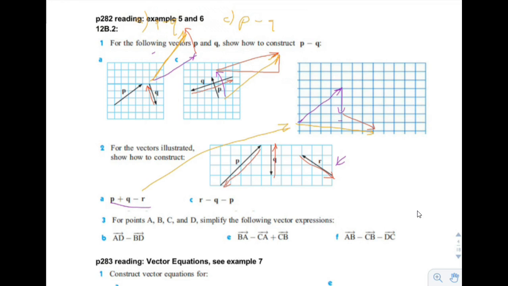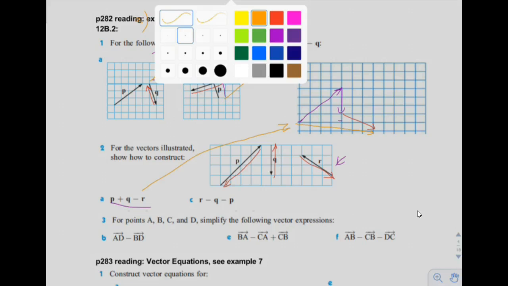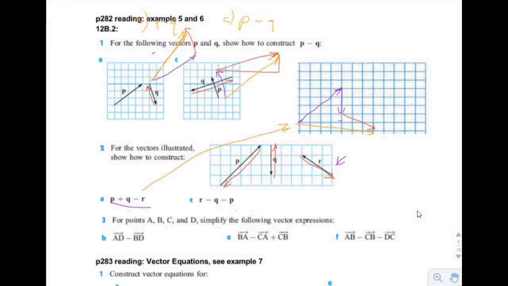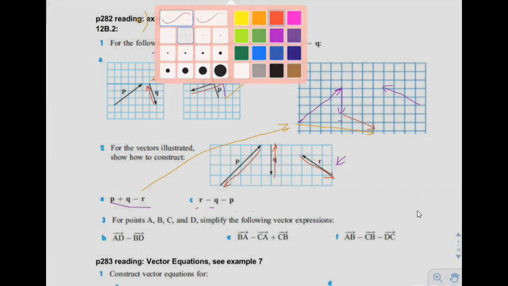Okay, and now let's draw R minus Q minus P. So R is like that, back 3, up 2, that's R. And then I subtract Q. So Q is going up 3.